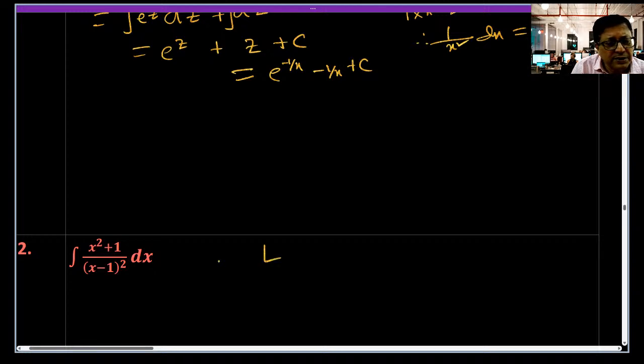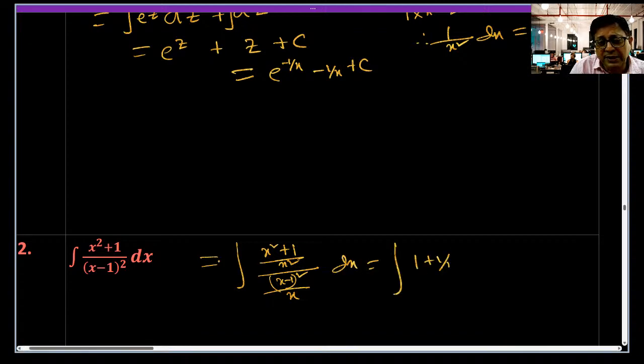You let... no part of this is derivative of the other part. So do some manipulation here. Divide by x square. Why am I doing so?